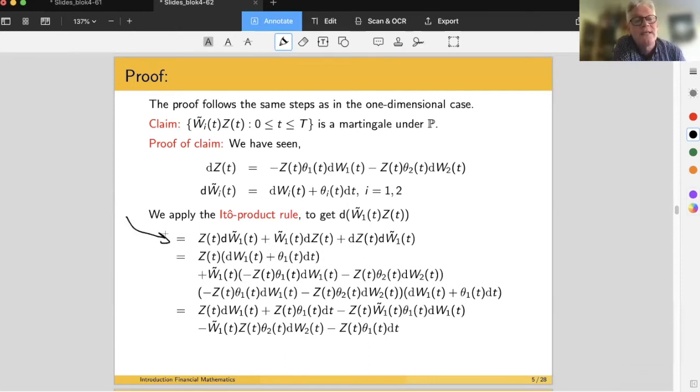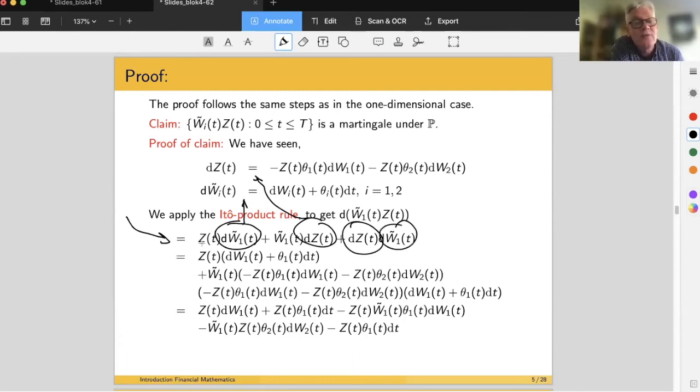This is Z_t dW tilde_1(t) plus W tilde_1(t) dZ_t plus the differentials of both, dZ_t dW tilde_1(t). And then we can substitute the individual terms. For this one, we substitute this one here with a 1, and for this one, we can substitute this one here, and we also need both here.